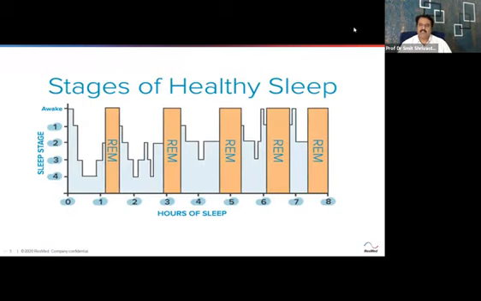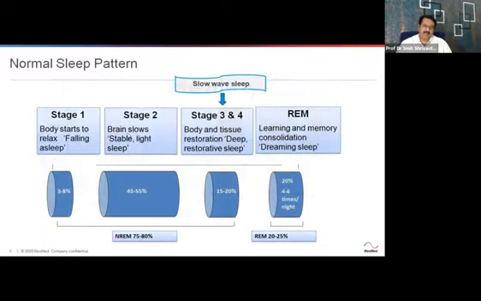So the stages of healthy sleep, this is the ordered behavior that happens. We have stage 1, where the body starts to relax, starts to fall asleep, but is not yet fully asleep. This is the first stage, and it comes in the first 30 to 45 minutes of sleep. And this comprises only 3 to 8% of the total sleep.